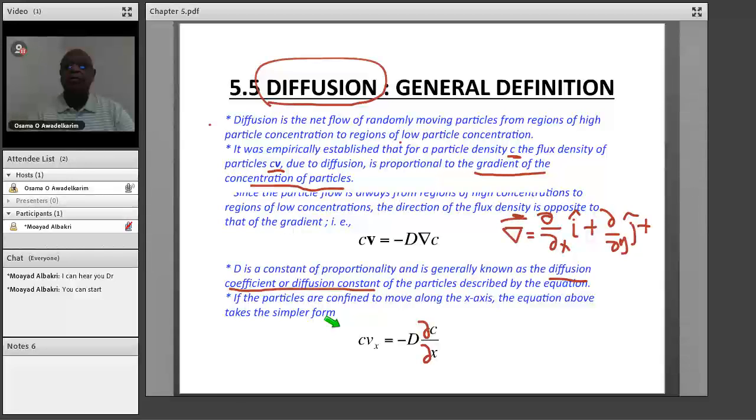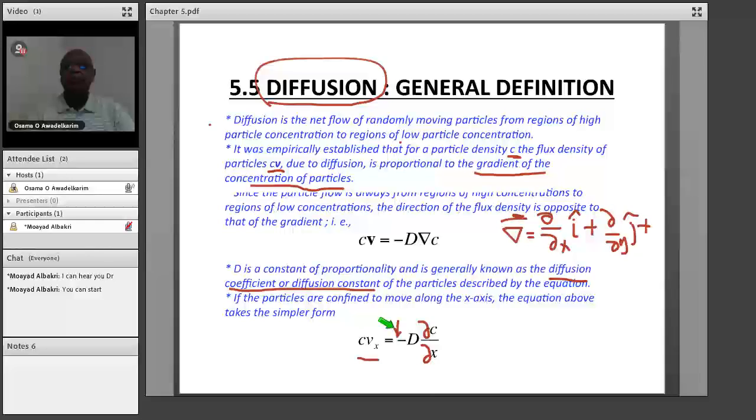So the flux now in the x direction, Cvx, which is the concentration of carriers or particles, is equal to minus D dC/dx. And minus, because the flow is from higher concentration to lower concentration.